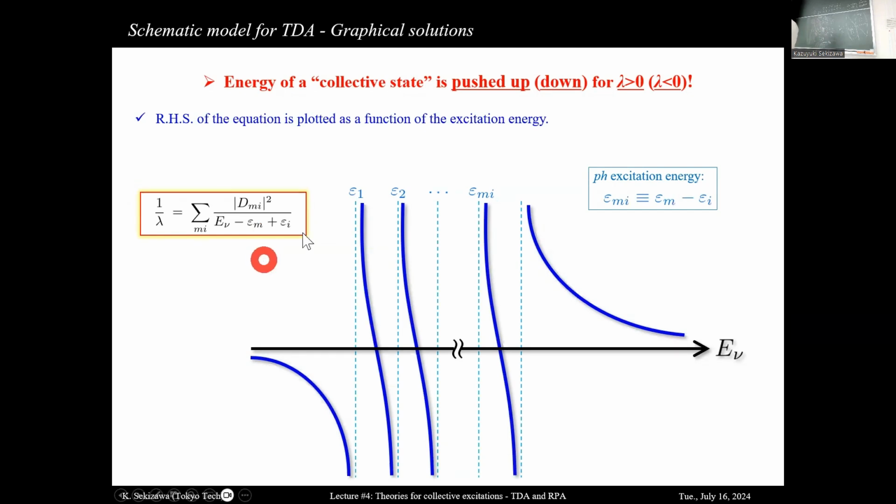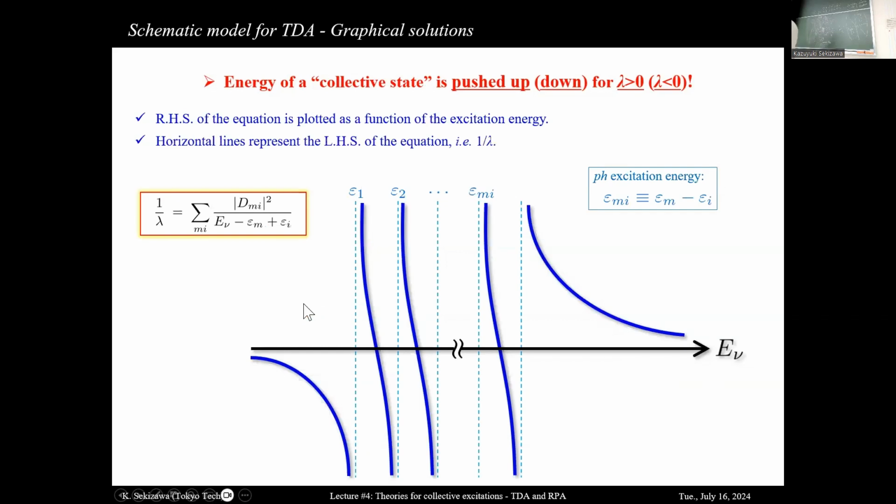So this epsilon 1, epsilon 2, and so on, indicates the energy of the particle-hole excitation. So these epsilon correspond to the energy difference between hole state and particle state. And at each particle-hole excitation energy, the denominator is vanishingly small. Then the right-hand side becomes divergently large or small. Okay? So it provides us this kind of behavior.